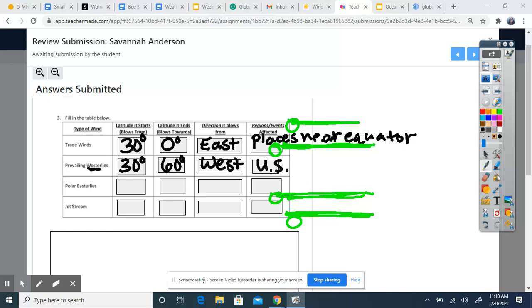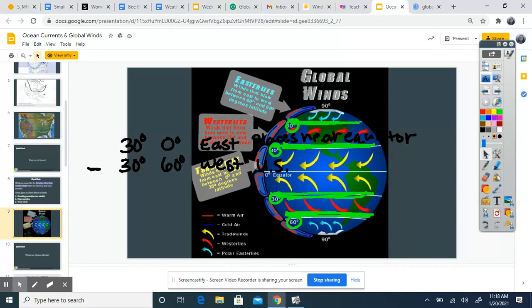I do not have a jet stream on this page, but you guys can definitely Google a jet stream map to find out that information because we're going to be learning that tomorrow as well.